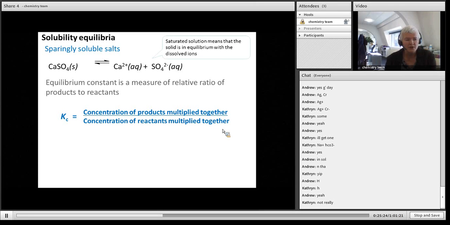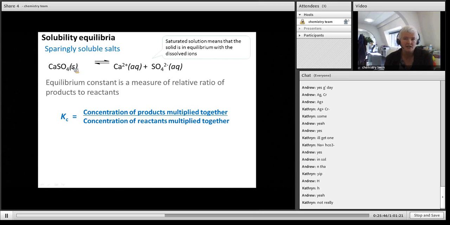So say I've got a beaker of water, I've added calcium sulfate, as much as can dissolve will be dissolved, and the rest will stay undissolved. So my ions in the solution are in equilibrium with my undissolved calcium sulfate.